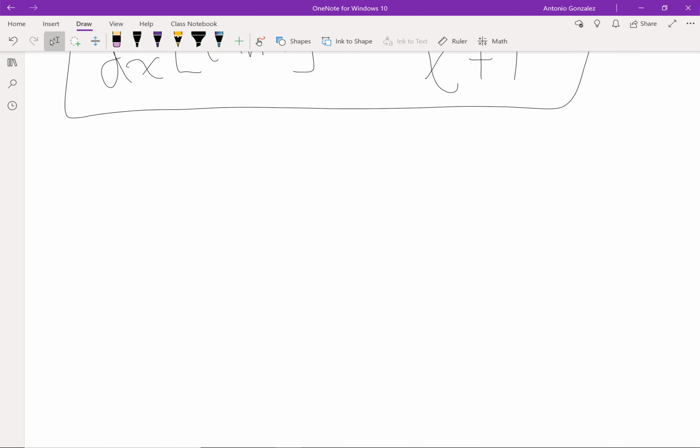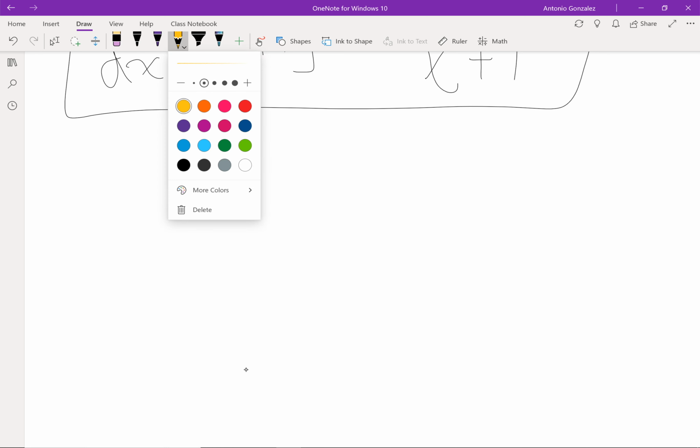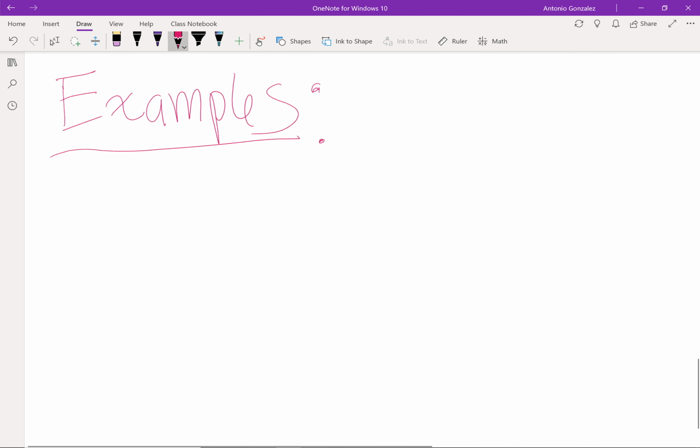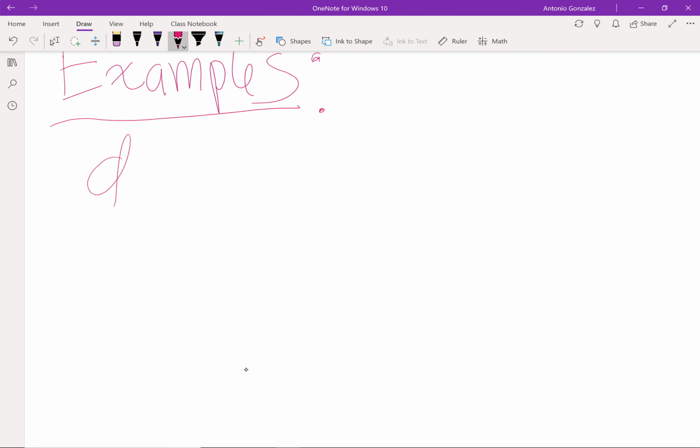Okay, so let's take a look at the derivative with respect to x of sine inverse of x squared.